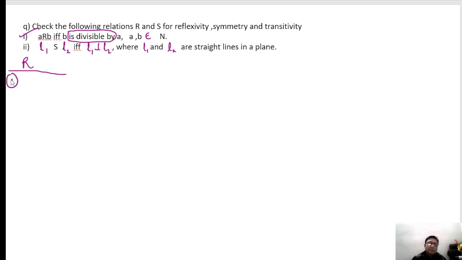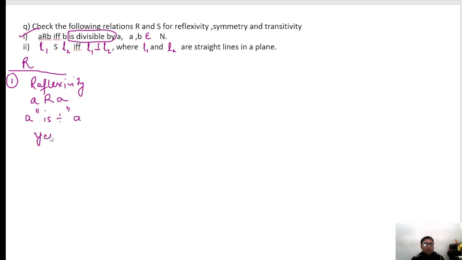Okay, first is reflexivity चेक करते हैं. चलो, reflexivity. So for reflexivity we know that we have to choose the same elements (A, A) in R. Okay, so now we will apply A is divisible by A. Is it possible?